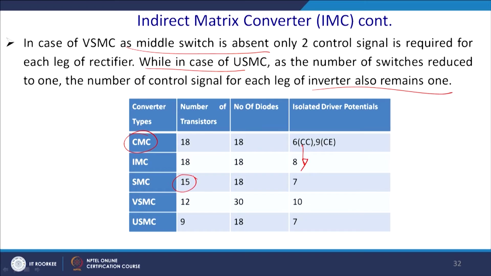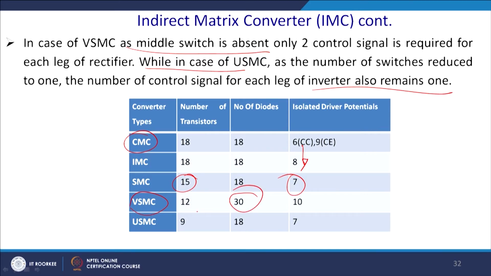In SMC you require 15 switches and the number of diodes is basically 18, but isolated supplies you require 7, and here it is drastically reduced. You can see that the number of switches of VMC is 12, but the number of diodes is quite high.